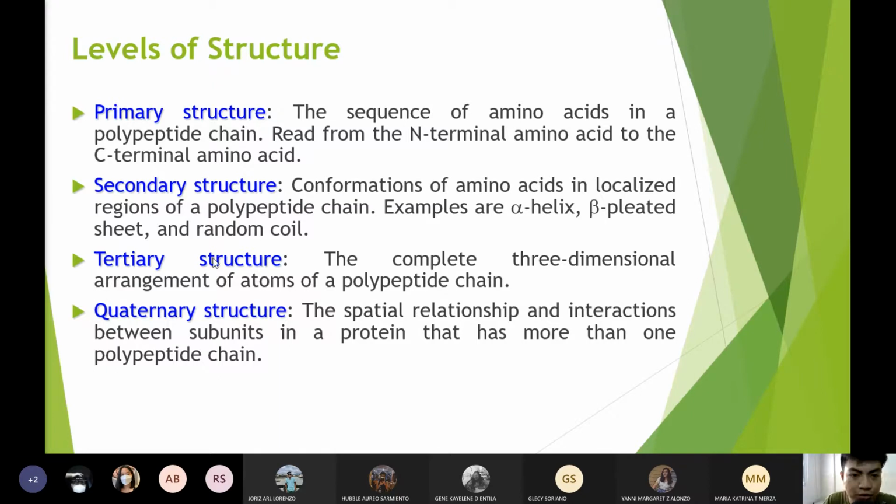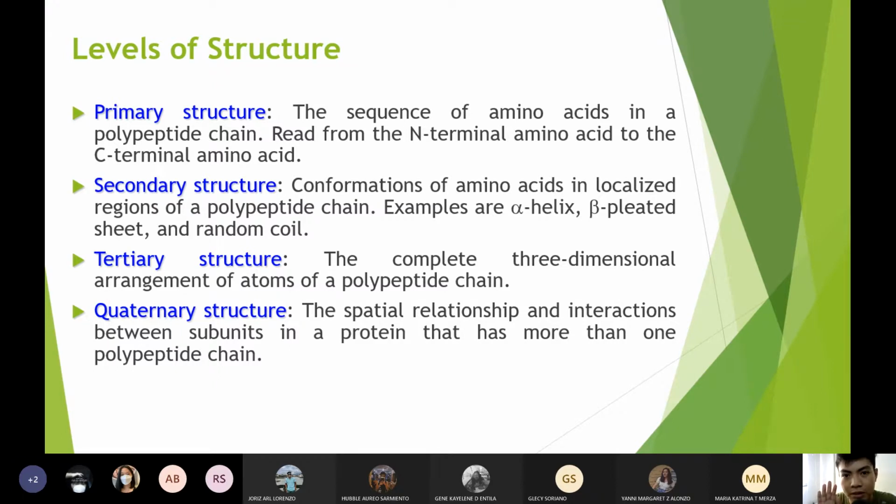And then kapag tertiary structure, we are looking at the overall view of the monomeric protein. So parang nag-zoom out na tayo. We see protein as a whole, and then pag quaternary, we see protein as packets of different protein chains. So sa bale, ang pinaka-simplest point of view is the primary, we see the sequences.